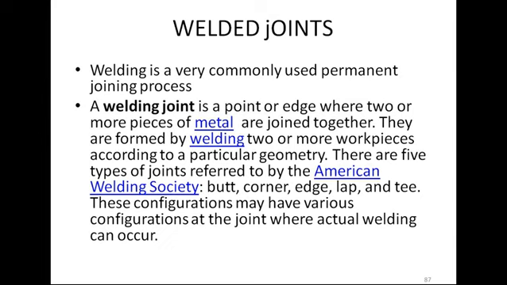There are 5 types of joint referred to by the American Welding Society: butt, corner, edge, lap and tee. This may have various configurations at the joint where actual welding can occur. Whatever metals you want to join are kept together, and then we apply the welding method. It can be a butt, corner, edge or lap, as per the requirement of the job.